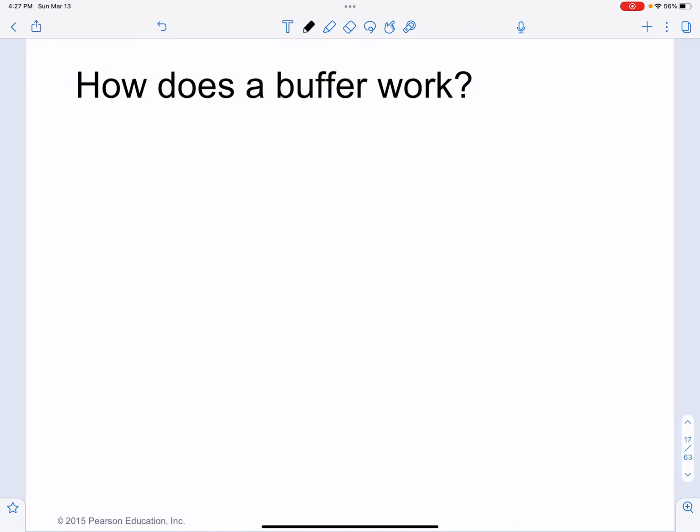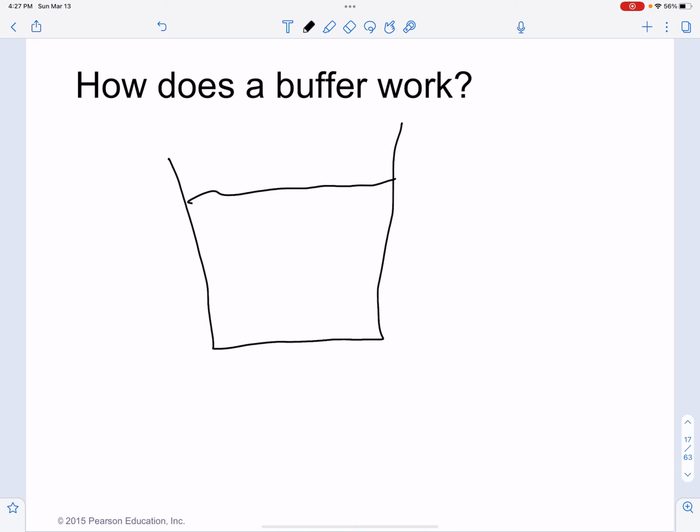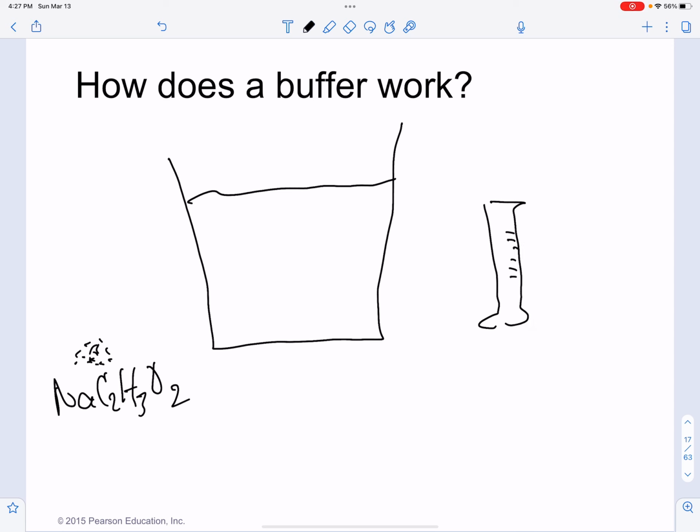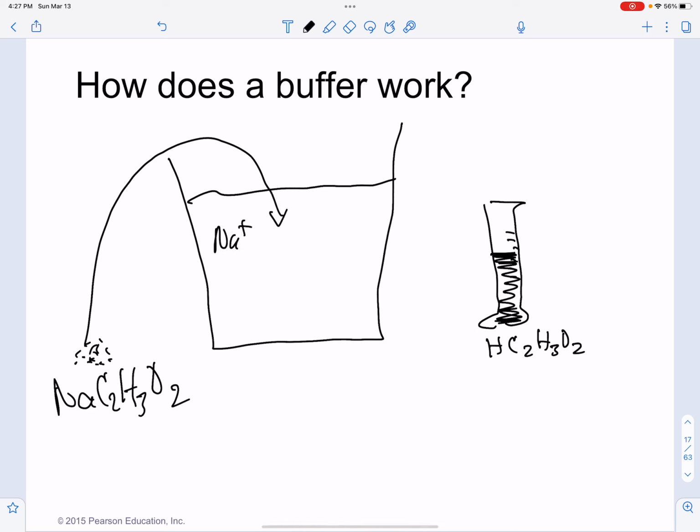So how does a buffer work? Well, let's go back to the one with the acetic acid. So we took our water and we added sodium acetate to it. And we also added some acetic acid. So the sodium is just flowing around, and you have that in there.